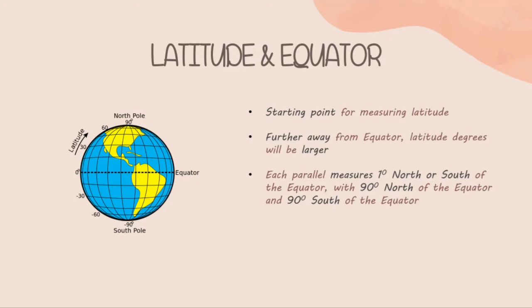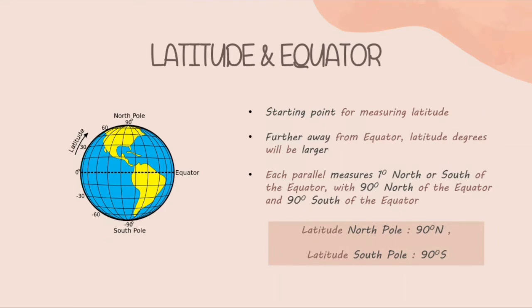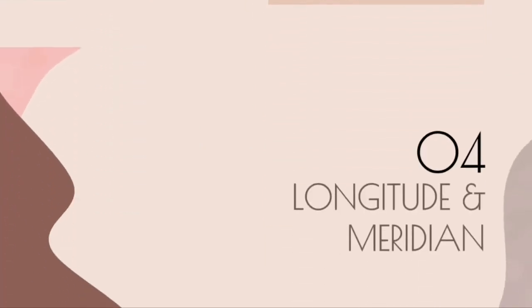You can see at the top we have north with 90 degrees, and at the bottom we have south with 90 degrees. The fixed things you need to know are that the latitude of the North Pole is 90 degrees north, and the latitude of the South Pole is 90 degrees south. Yeah, that's all from me.